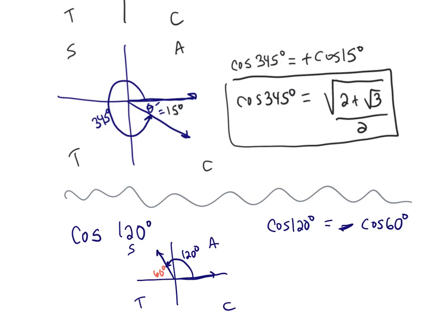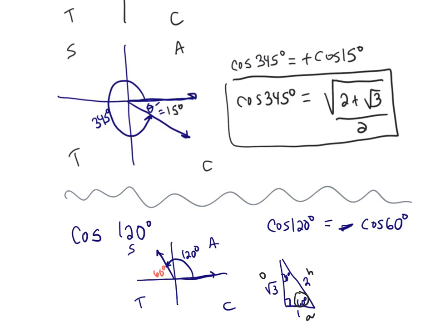So how I could do this is I can draw my triangle, because I know from a 60, 30, 90 triangle, I know these have ratios of radical 3, 1, and 2. So the cosine is going to be the adjacent over hypotenuse. Well, in this triangle, if this is my angle, this is opposite, this is hypotenuse, and this is adjacent.